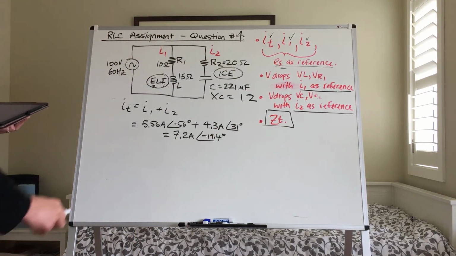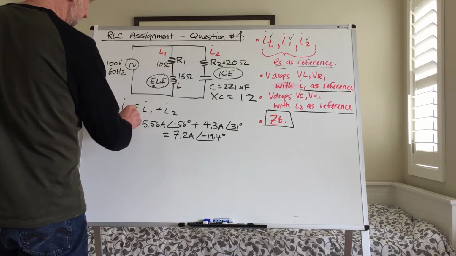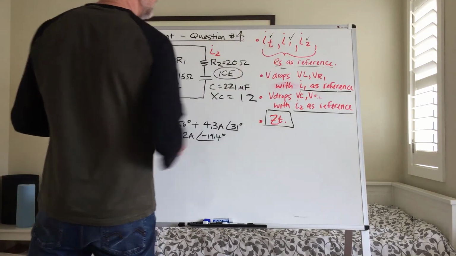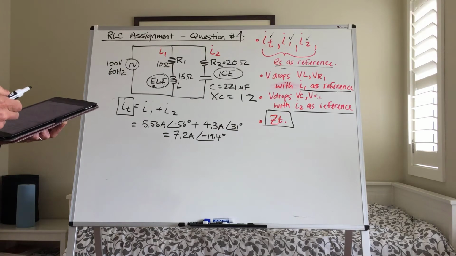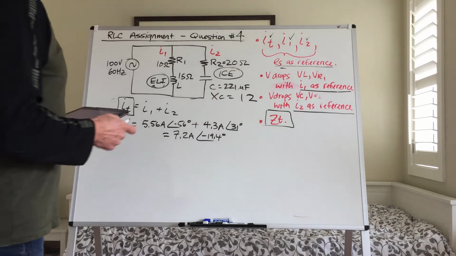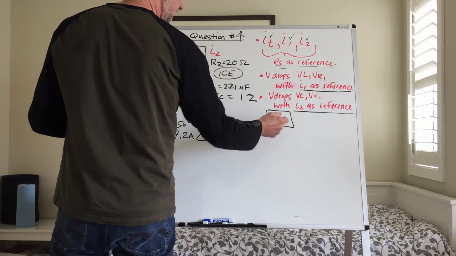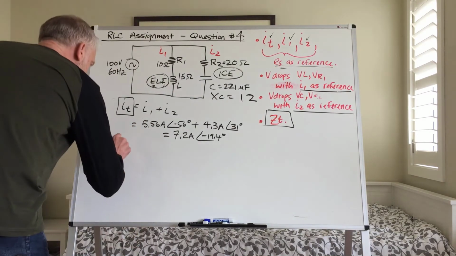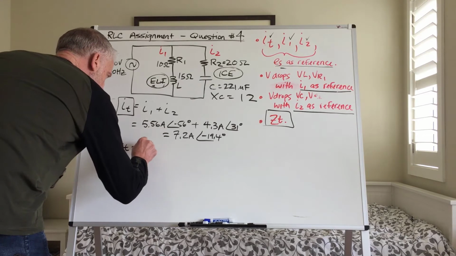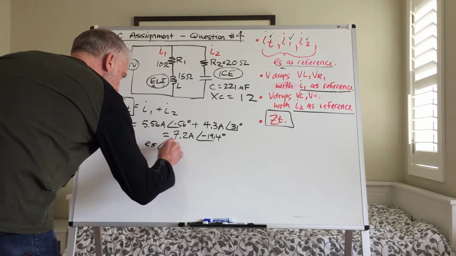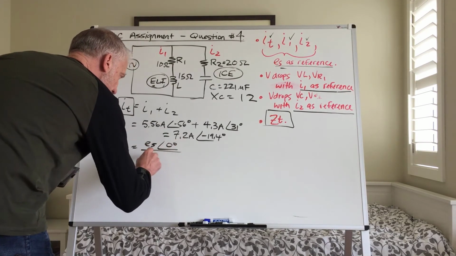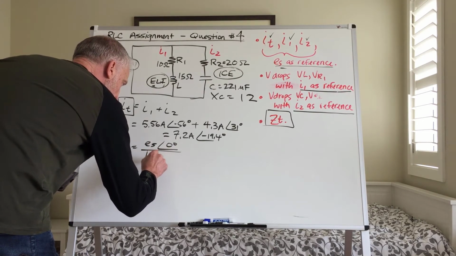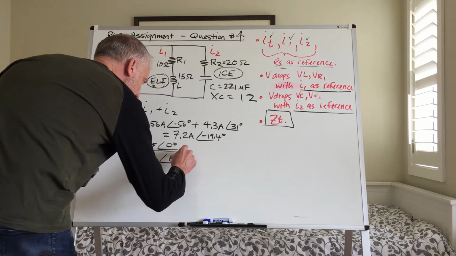So now we have I total with respect to the source voltage that we were looking for. If we have I total, we can get Z total for any circuit, can't we? Because Z total equals E source at 0 degrees divided by our I total value at angle theta.